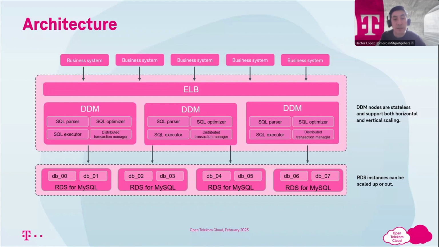From a certain time, you figure out this is reaching the limit of the space, and you need to attach another RDS instance to redistribute the information of the current 2 RDS instances. It's possible. You just create one RDS instance, attach it to the DDM, and do a resharding. This resharding of the current existing production data starts behind the scenes automatically, so you don't have to do anything.